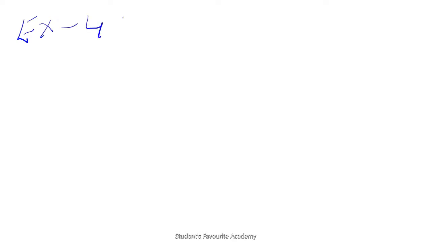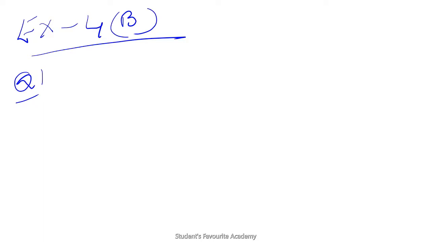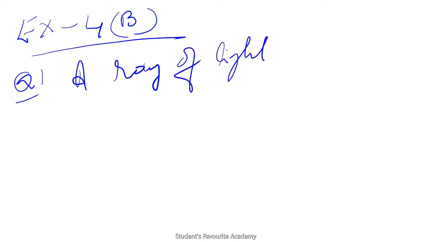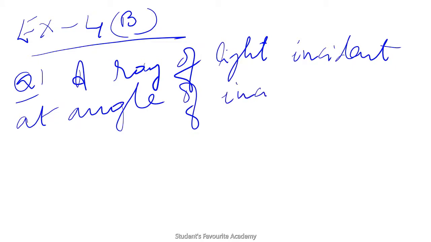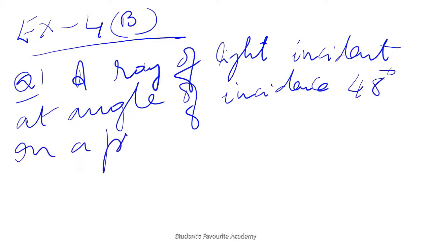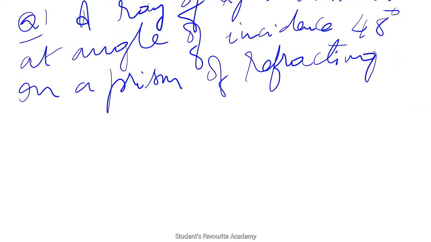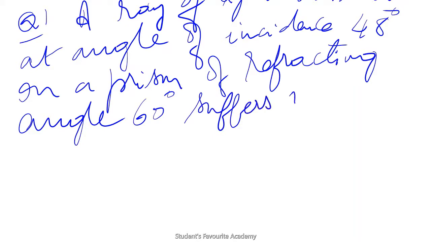Now, exercise 4B. First numerical. A ray of light incident at an angle of incidence 48 degree on a prism of refracting angle 60 degree suffers minimum deviation.